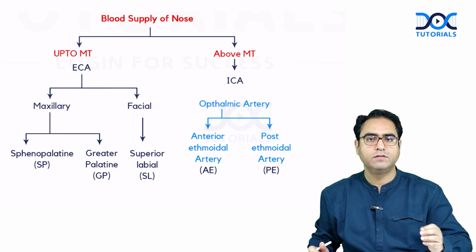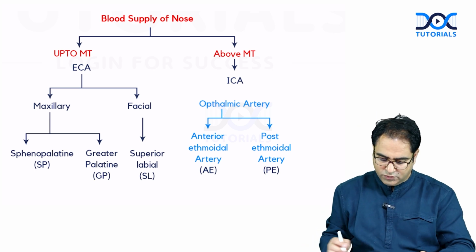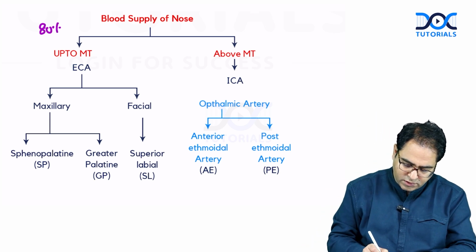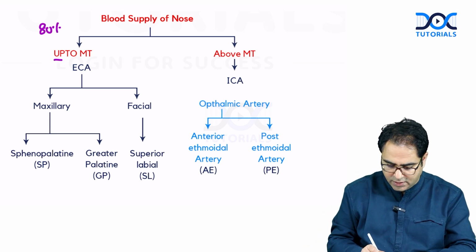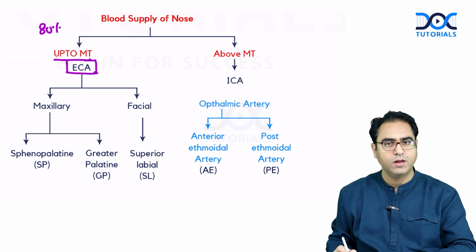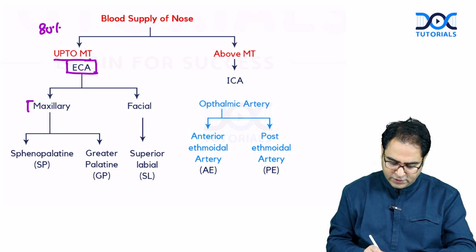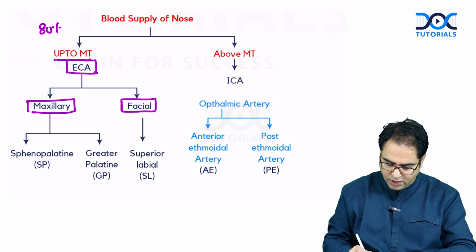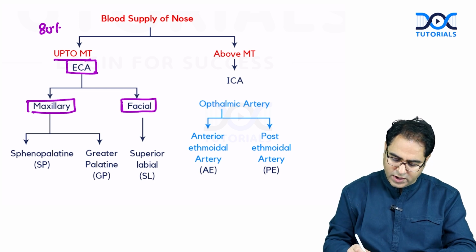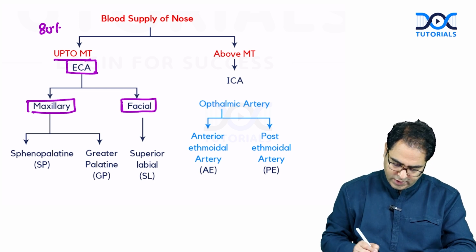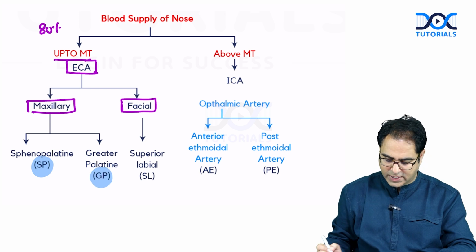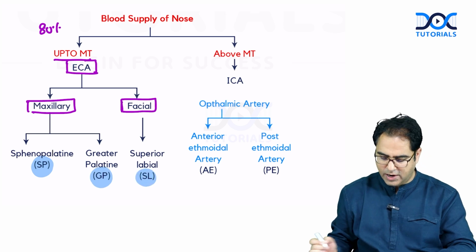Look at this table. So, 80% of blood supply up to the middle turbinate comes via ECA. And from ECA, 2 branches, maxillary and facial. From maxillary come 2 branches. Number 1 is sphenopalatine, number 2 greater palatine, and from facial, superior labial artery.